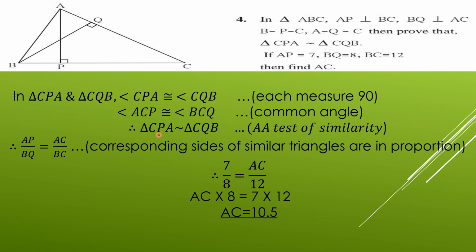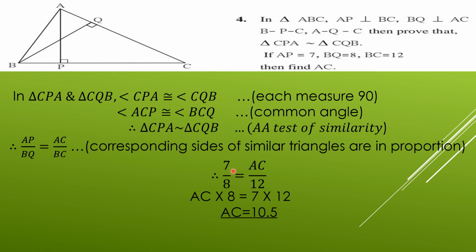Now these two triangles are similar. We have proved this. Now, using the properties of similarity, AP upon BQ is equal to AC upon BC. Write the reason over here: corresponding sides of similar triangles are in proportion. You can write CSST in short also.